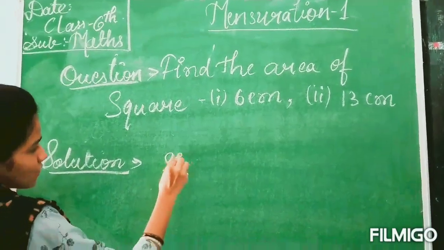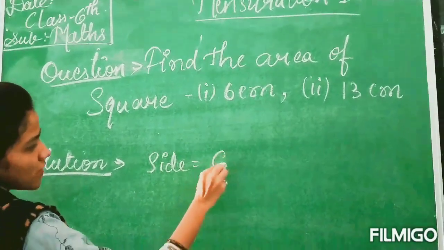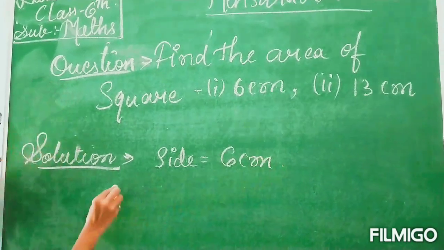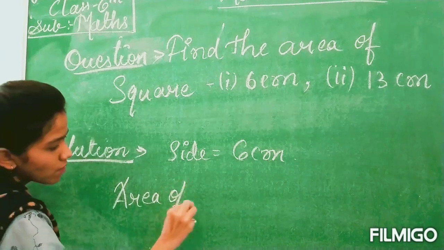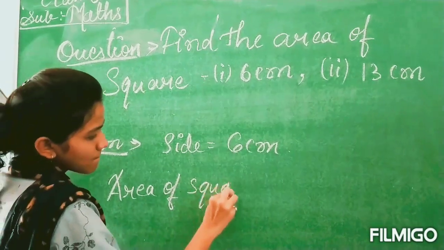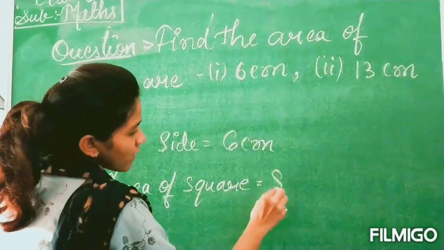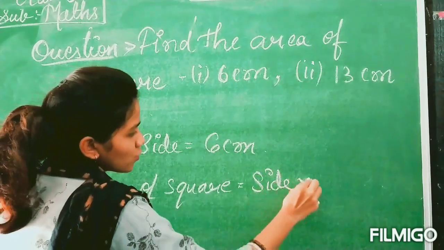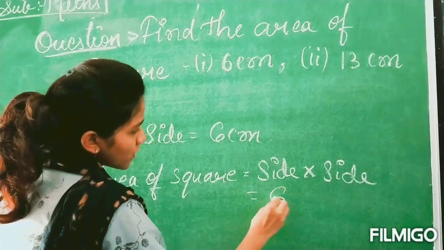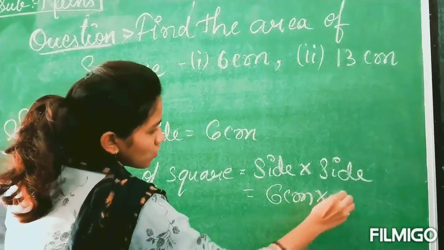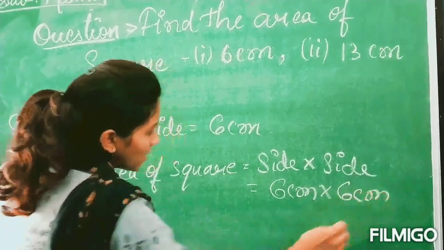What is the side given of the square? It is equal to 6 centimeter. Formula of area of square is equal to side into side, is equal to 6 centimeter into 6 centimeter.